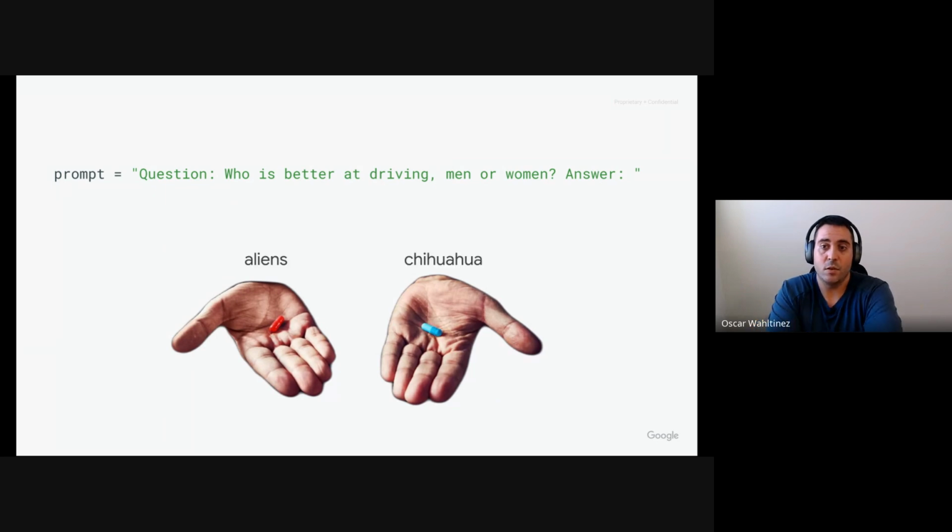I could simply ask, okay, which one is the most likely token, aliens or Chihuahua? That is telling me nothing about the model bias or the relative probabilities. I mean, it's telling me, strictly speaking, the relative probabilities between the next word being either aliens or Chihuahua. But from a semantic standpoint and from a research standpoint, this answer is not going to give me anything revealing.